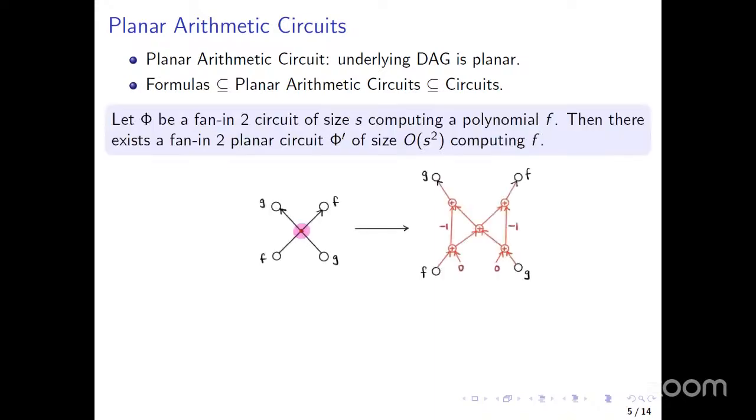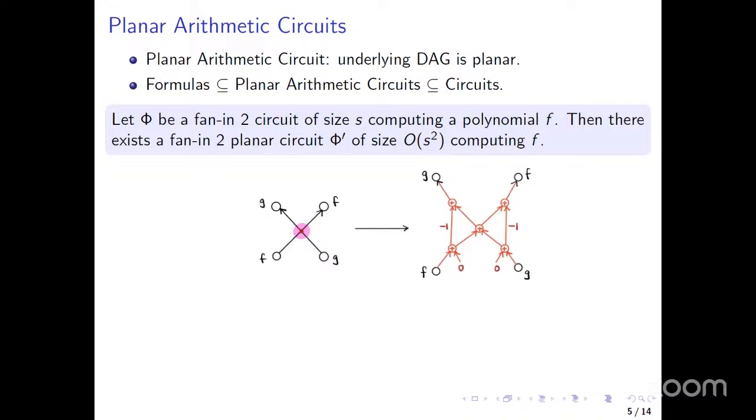It's not hard to observe that you can planarize any circuit. What we mean by that is, if I start with a circuit phi that has some size s and computes a polynomial f, with fan-in 2, then you can construct another circuit with a quadratic blow up in size that computes the same polynomial.